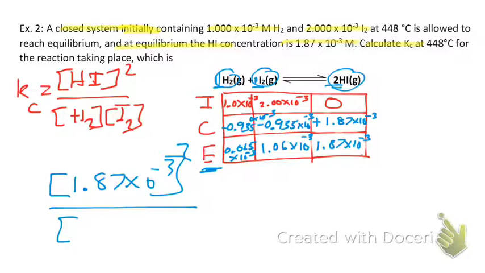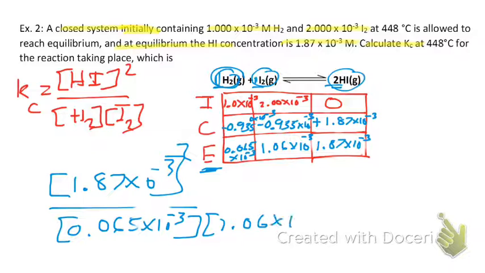Divide by our H2 equilibrium concentration, which was 0.065 times 10 to the minus 3. We're going to multiply that by 1.06 times 10 to the minus 3. Right, so we take our product's concentration, square it, and divide it by the reactant concentrations, and that will give us our Kc value.